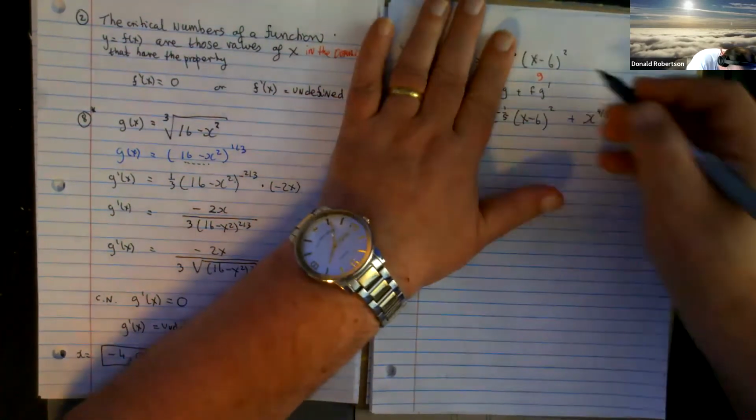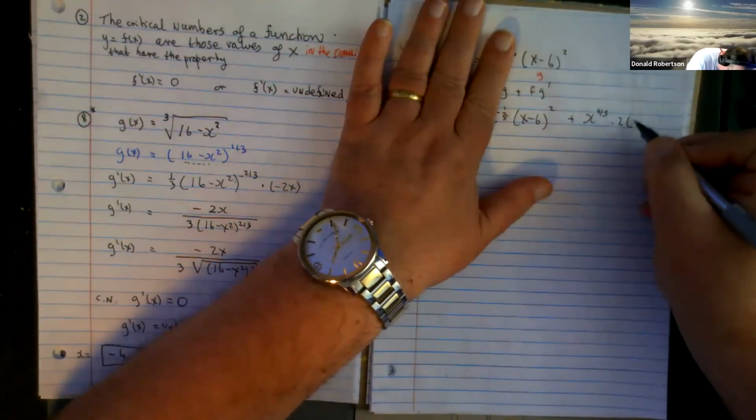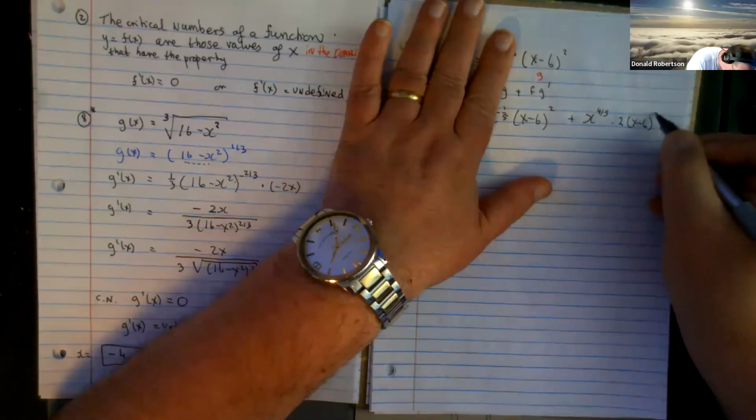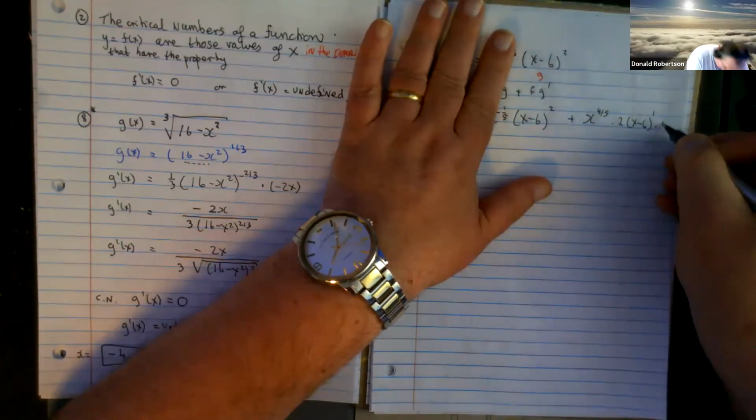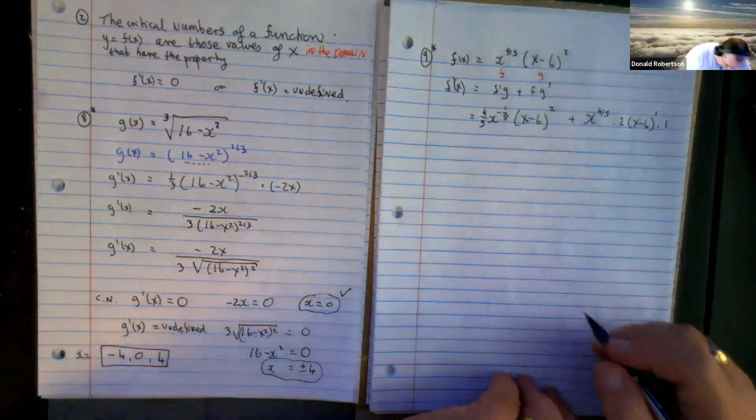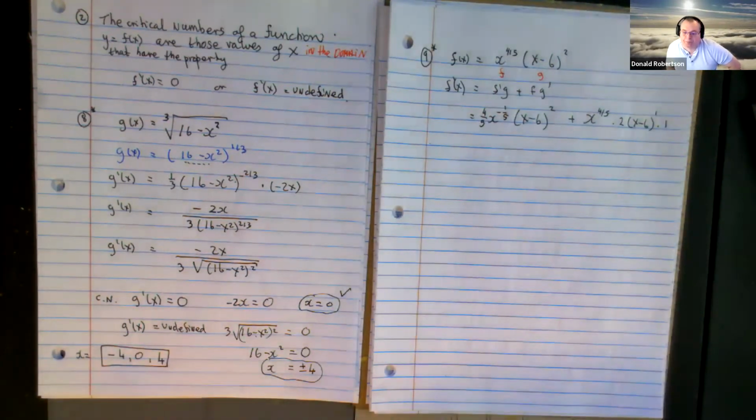And if you differentiate (x minus 6) squared, you get 2 lots of (x minus 6) to the 1, technically times 1. I guess I shouldn't have bothered writing down times 1 because it doesn't do anything.